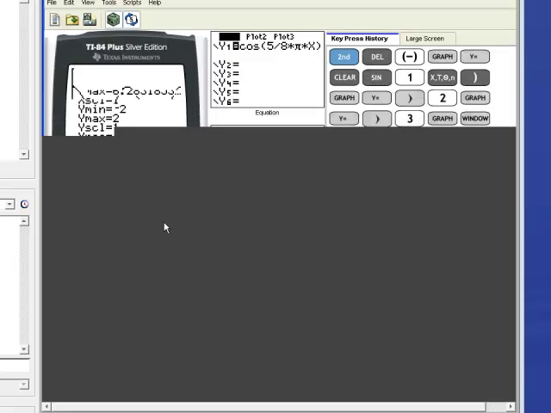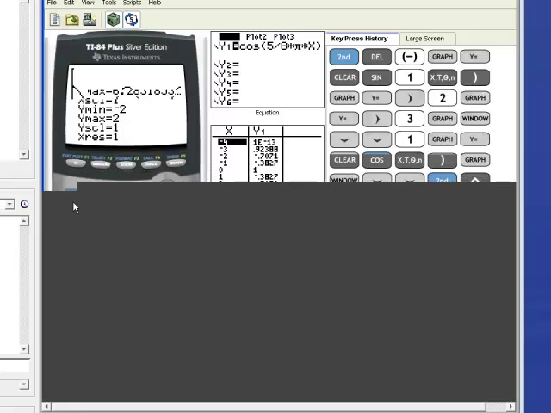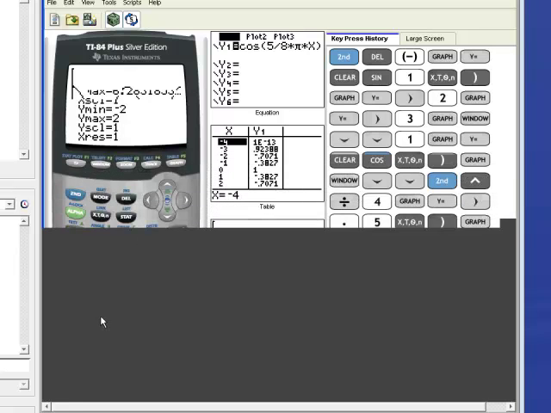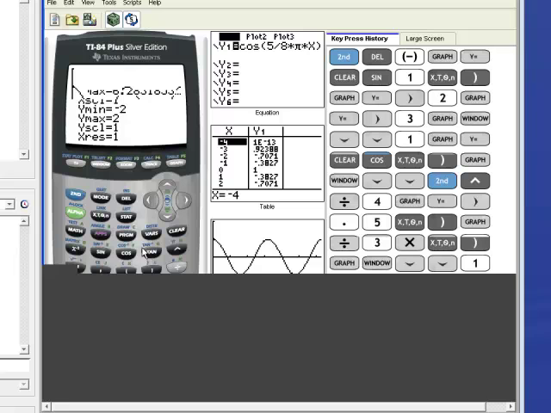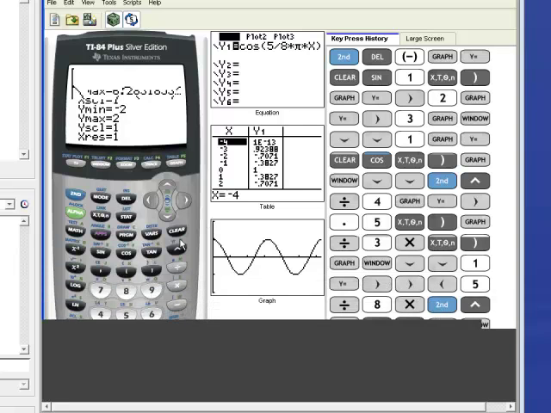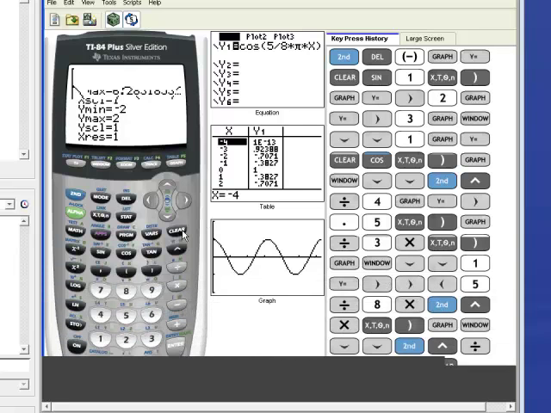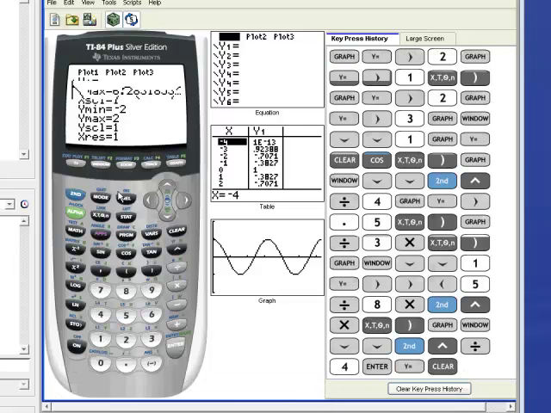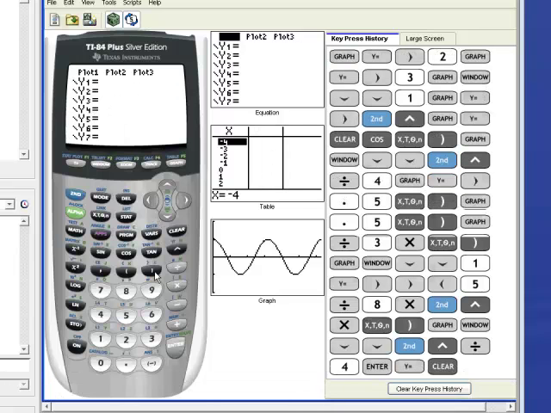So I'm going to go to a graphing calculator and do that. I think I'm going to put in here pi over 4 again.